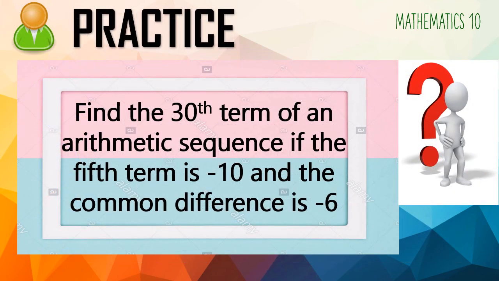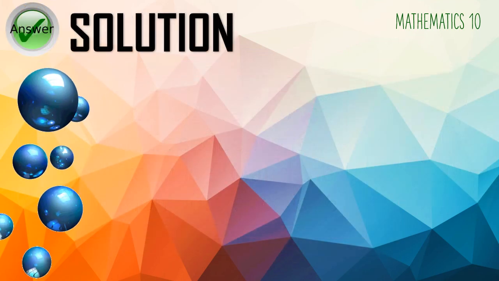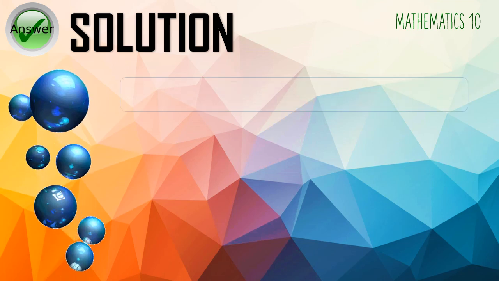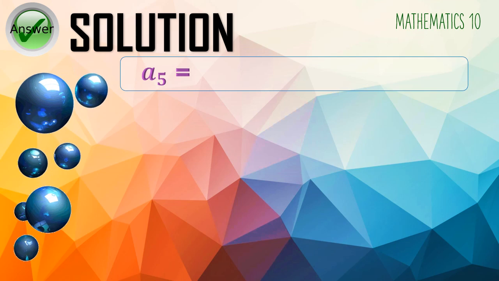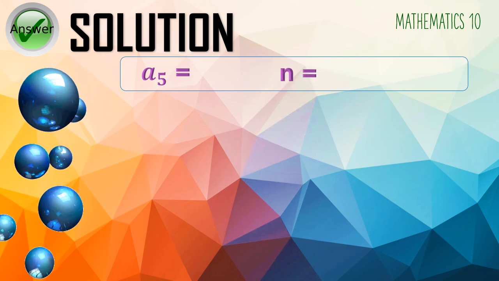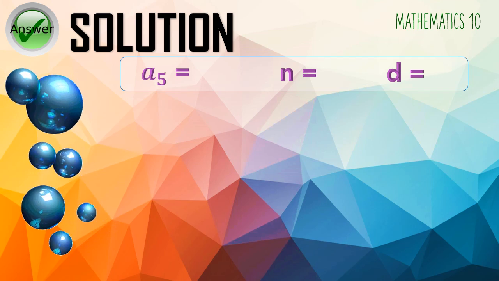Okay, next practice exercise. I'd like you to answer this on your own, then pause the video, and if you're done answering, you may now resume watching the video to check your answer. Okay, so based on the given problem, our data there, we do have a sub 5, we do have n as well, and we do have the common difference.